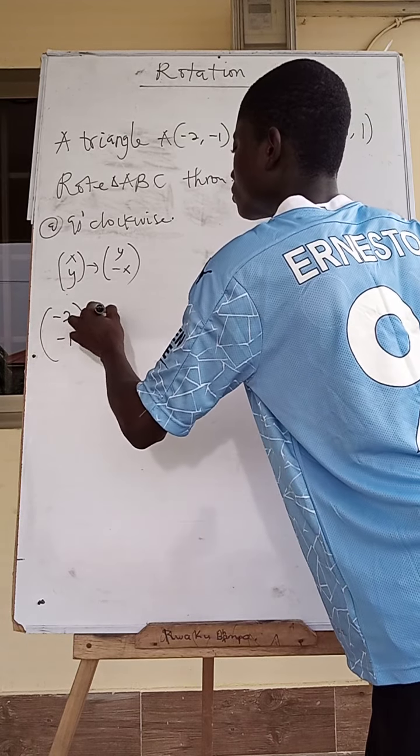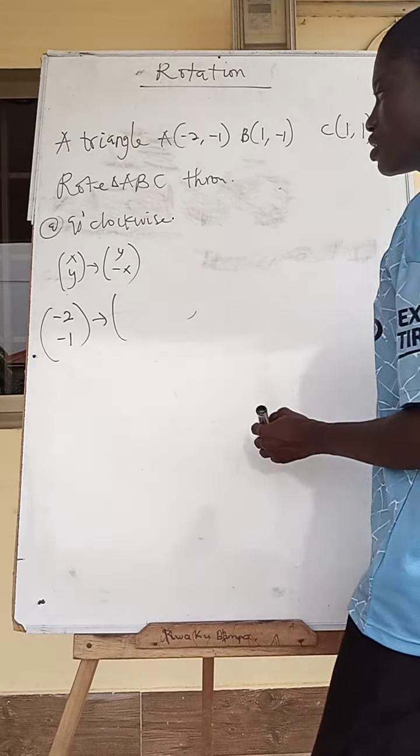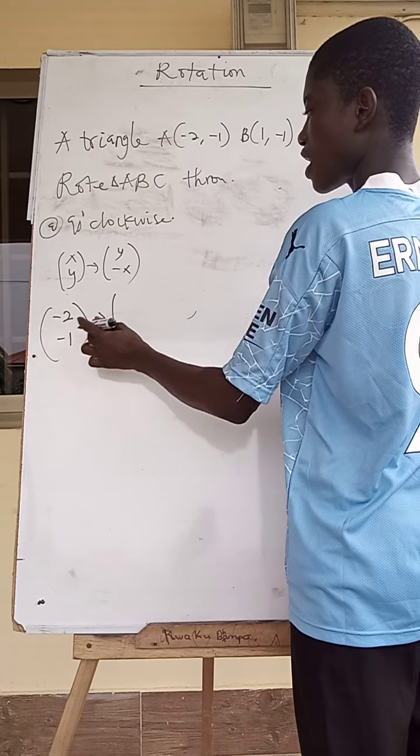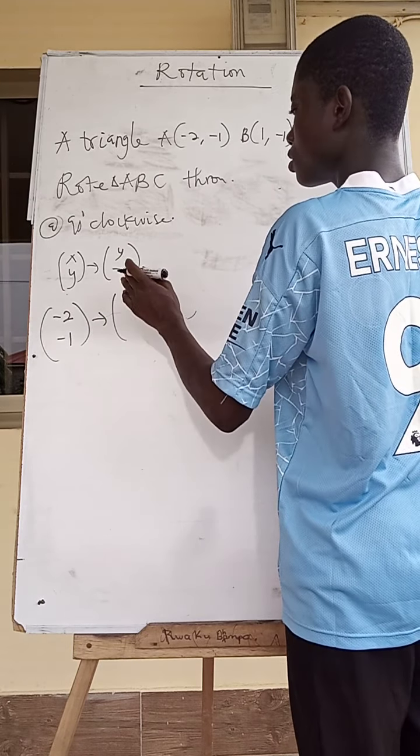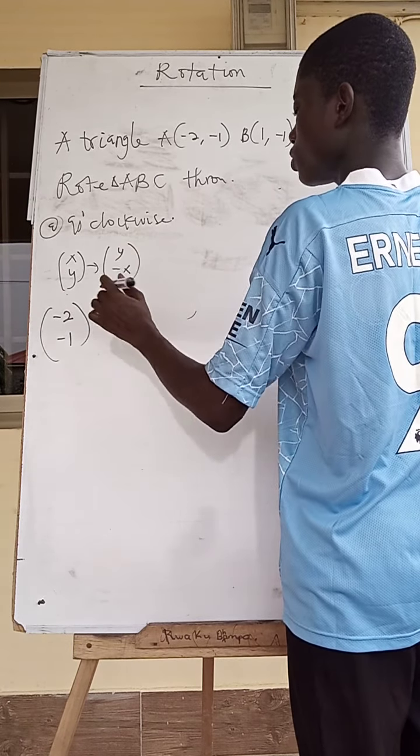As it is here, negative 2 and negative 1. So check something. Here, y is now leading. So here, we can say that x equals negative 2 and y equals negative 1. If you compare this to this one, here we are writing y, which is negative 1, and our x is what?